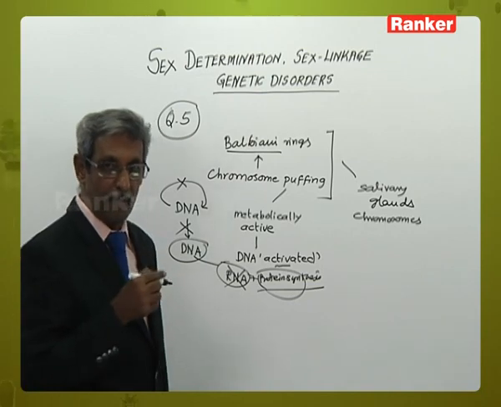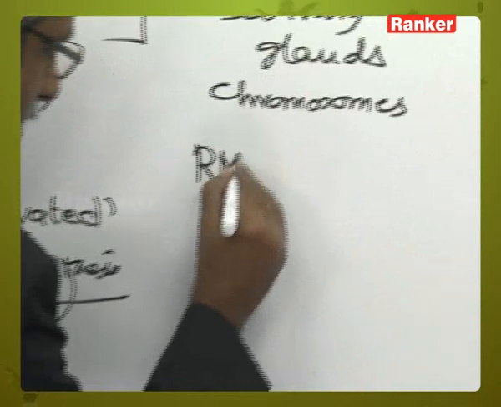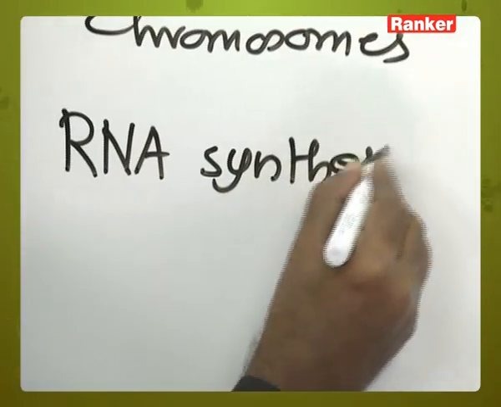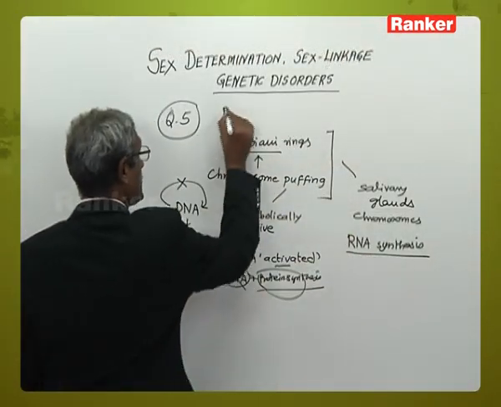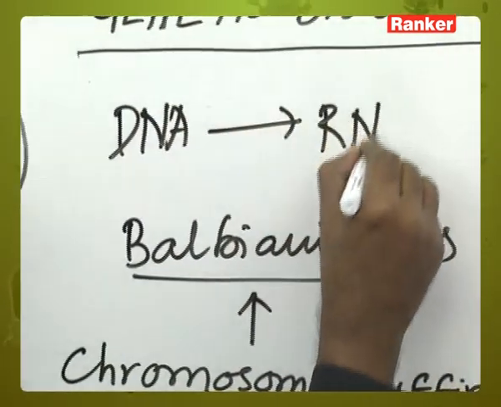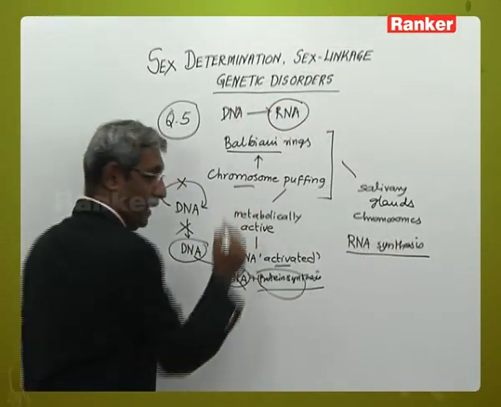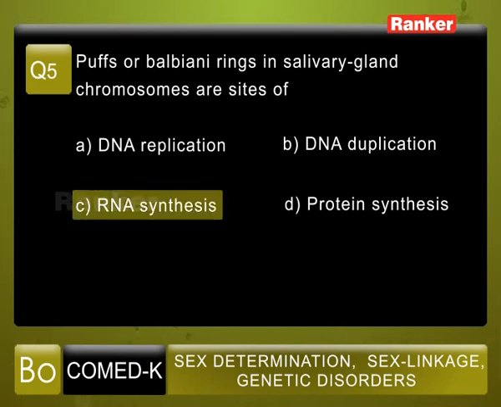Whereas in chromosome puffing, predominantly it is the site of RNA synthesis. That is, DNA makes RNA, and RNA synthesis occurs down here during chromosome puffing. Hence the right choice is C. The answer is C for chromosome puffing.